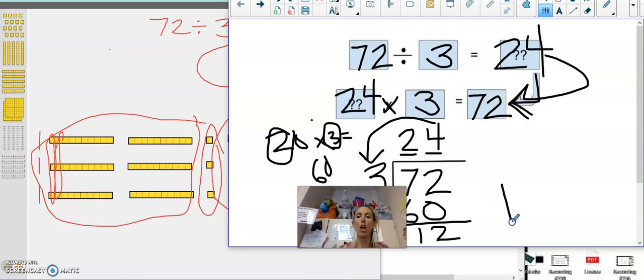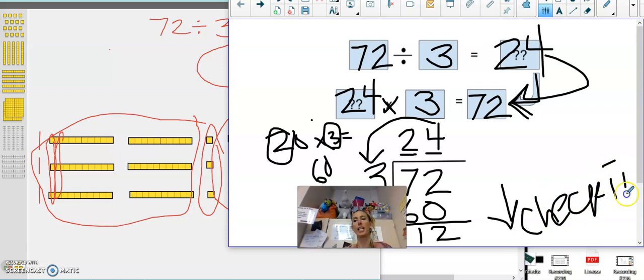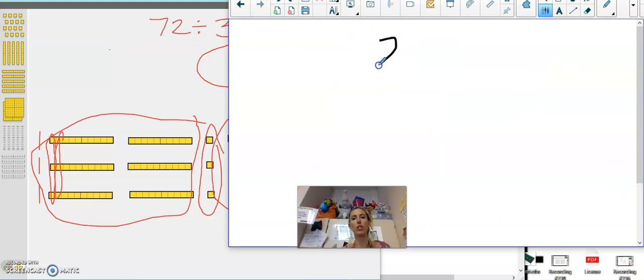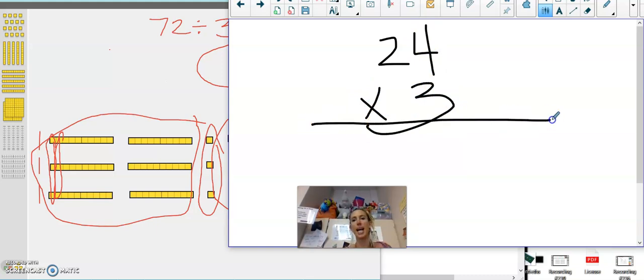Now, if you look at the bottom of your document, it says, check it. Oh yeah, just do it. Check it. How can we check it? By actually doing the multiplication. So let's do on the back 24 times 3 and see if we actually get 72.